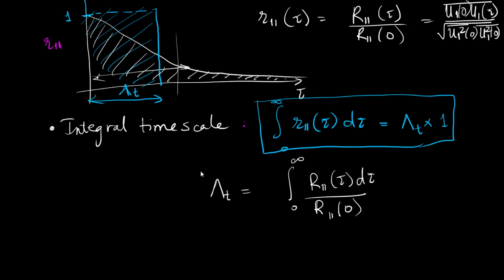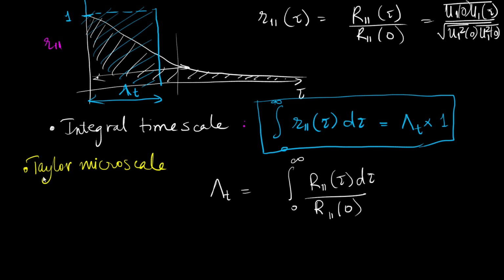Yet another time scale can be defined based on the curvature of this white curve, and that particular time scale is called the Taylor microscale. The Taylor microscale is defined in terms of the curvature.